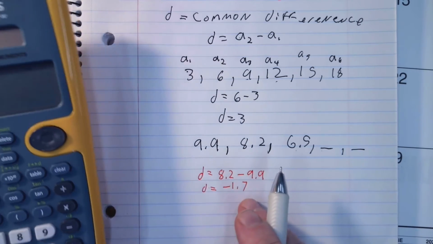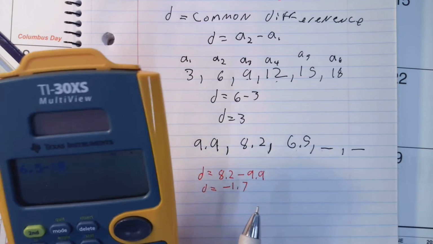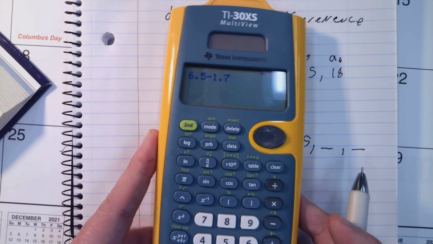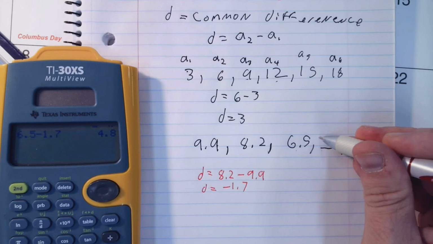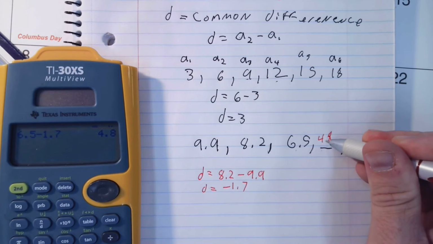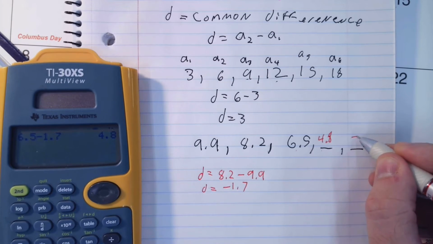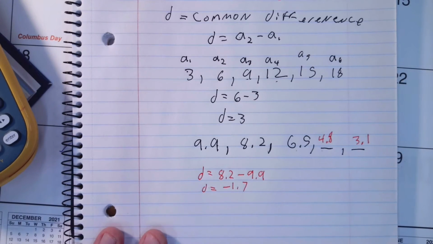So I could add a negative 1.7 or... Is that the same thing? Just subtract or add? Yes. So it would be 4.8, right? And then the next one would be 3 point. Okay. So that is the common difference.